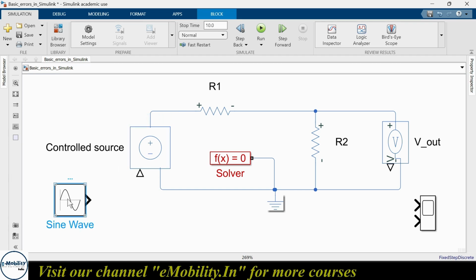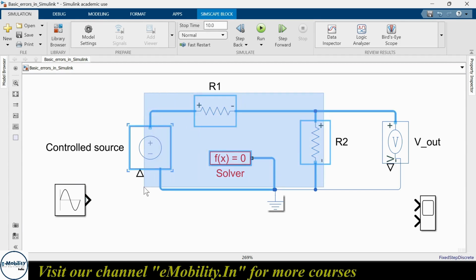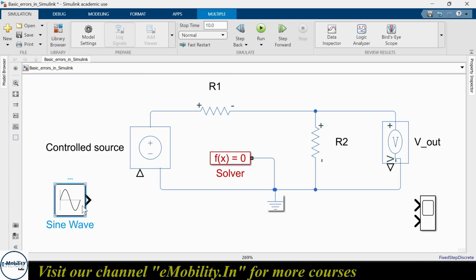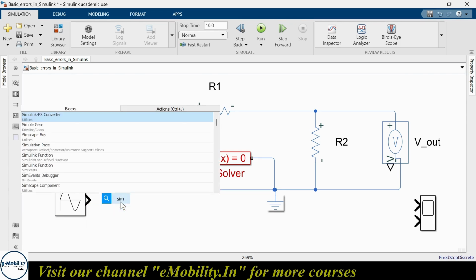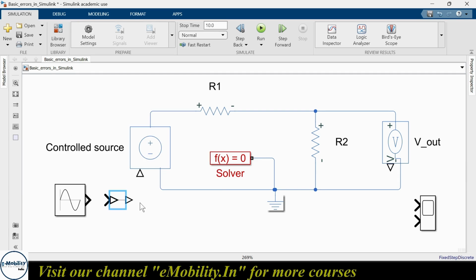Here you can say it is a normal signal, and here in this circuit you can say this is a physical system. This is representing an actual system, while this is a mathematical sine wave. Now I want to convert from Simulink to physical system.